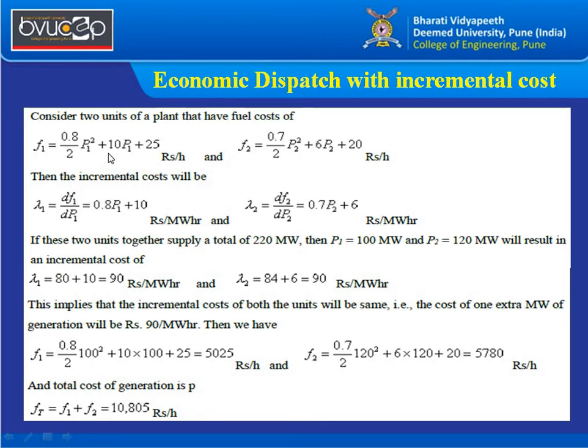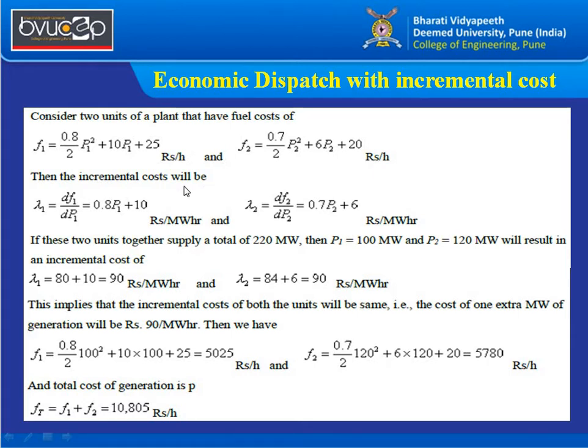This is going to be a quadratic equation for the first unit, and a second quadratic equation for the second unit. It is given by 0.8 by 2 p1 square plus 10 p1 plus 25, in rupees per hour, and f2 is 0.7 by 2 p2 square plus 6 p2 plus 20, also in rupees per hour.